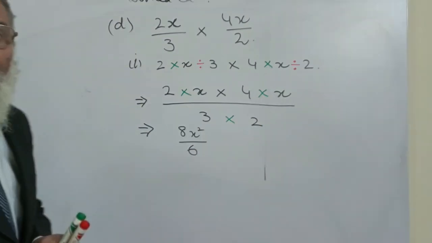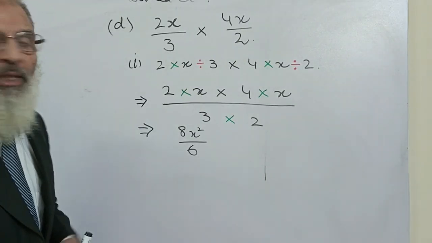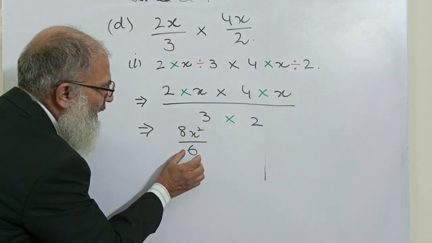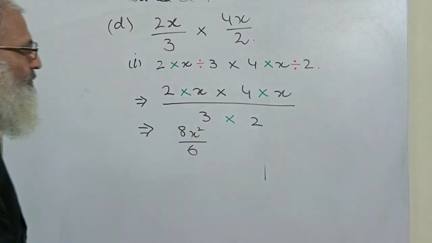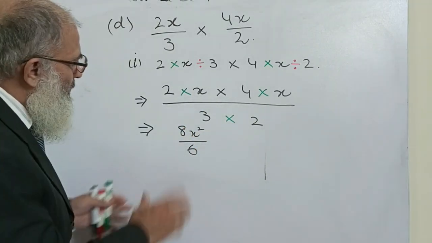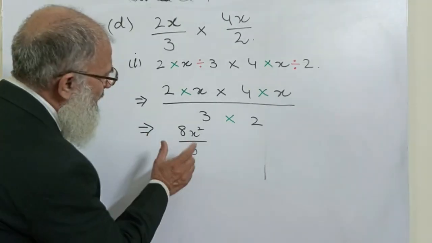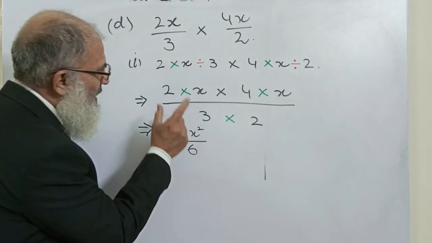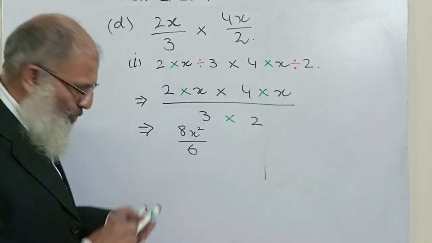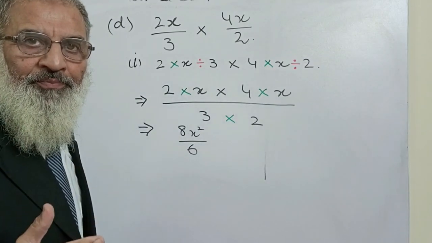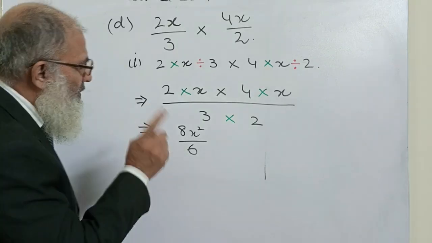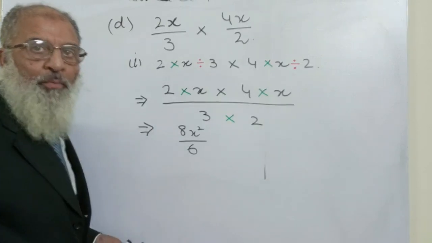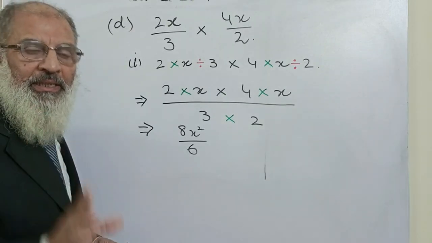Now we have to find a common number which can divide 6 as well, which can divide 8 as well. So there is a number, and that is 2, which can divide 6 and which can divide 8, both at the same time.